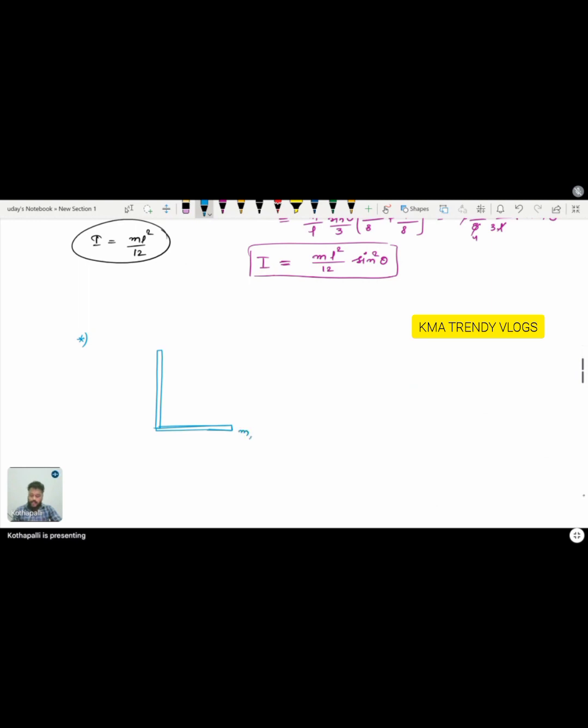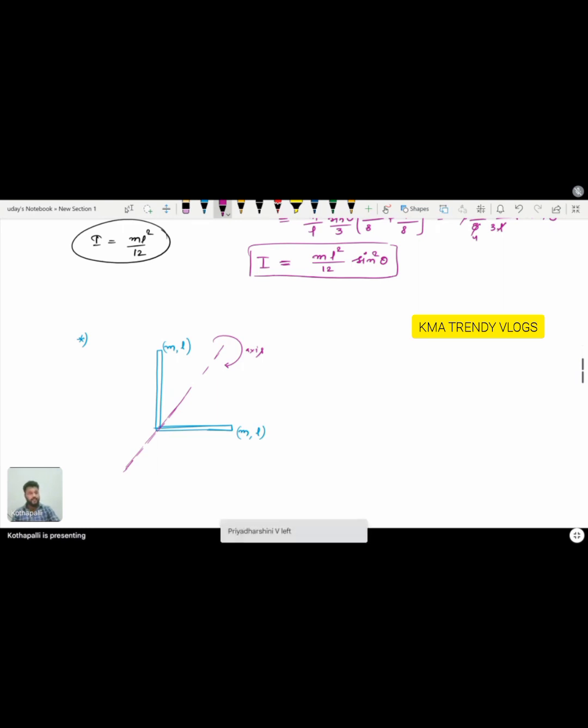Both have the same mass and same length, M and L. And the axis of rotation is like this, in the same plane, exactly passing through the center. Then what is the moment of inertia of the system about this axis? If it is rotating like this, what will be the moment of inertia of this system completely? Think of it, just have a look at how to solve.